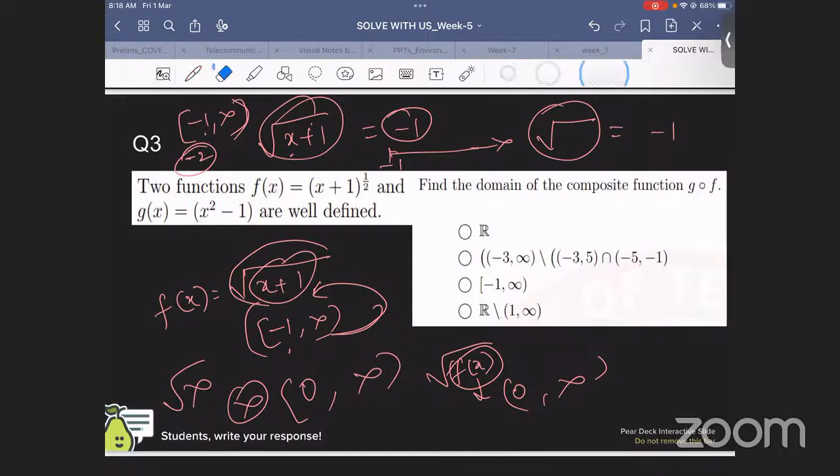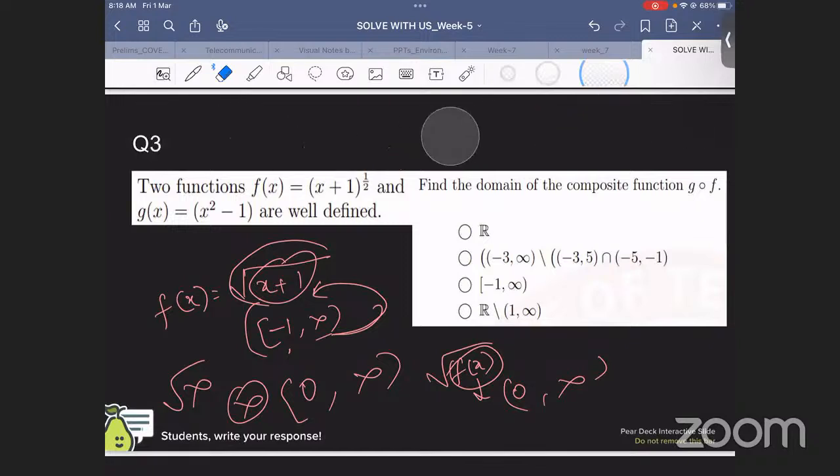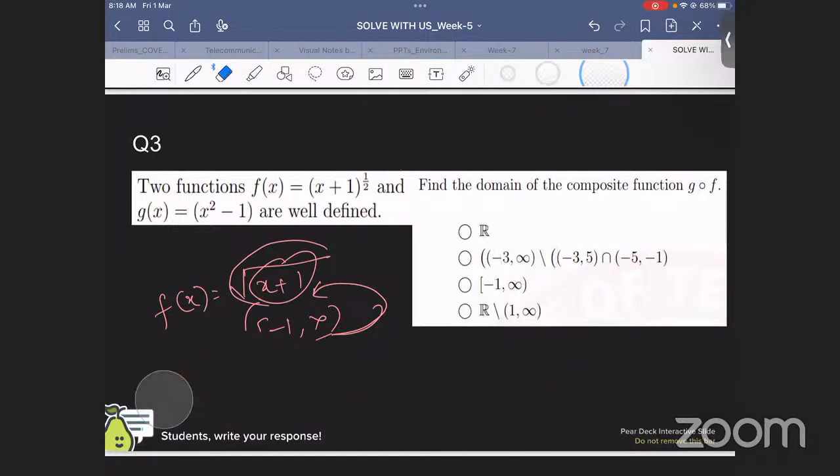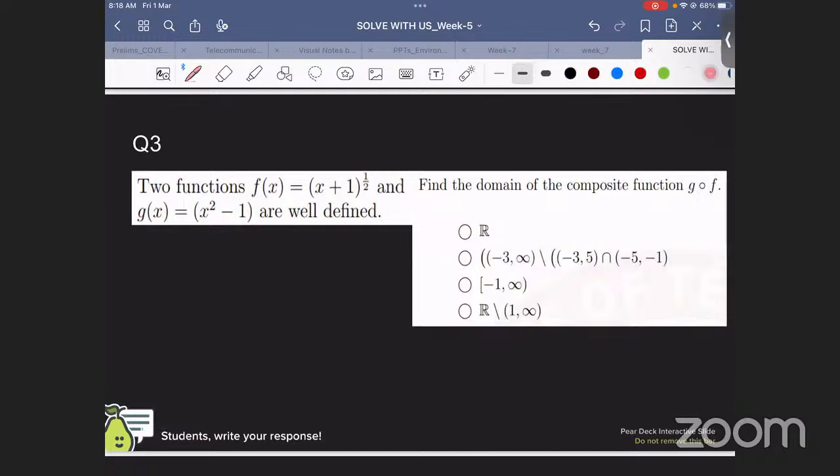Now you will see what the domain is, because in the end you have to calculate the domain of g of f of x, the whole function. So first you calculated the x values where f(x) is satisfied, and then from there you calculated the range.